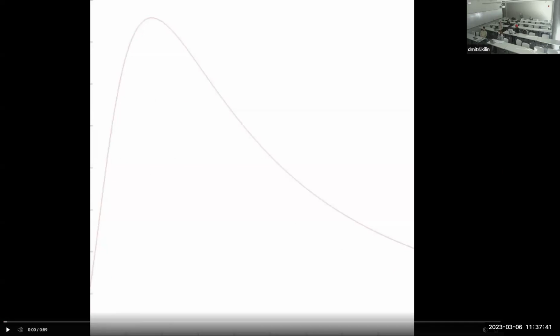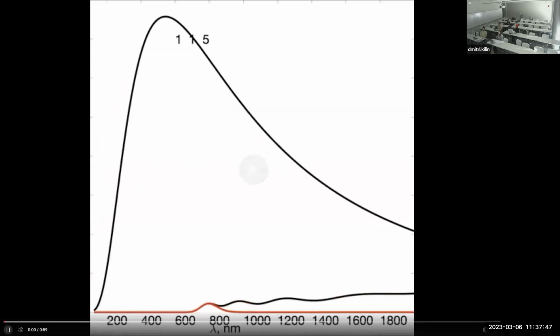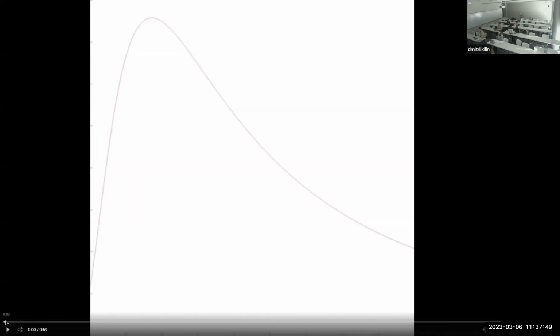Okay, so if you look at this video at the very beginning, it shows the summary of the Planck formula for blackbody radiation, and it's not labeled, but the x-axis is wavelength, y is intensity, and it has a peak.